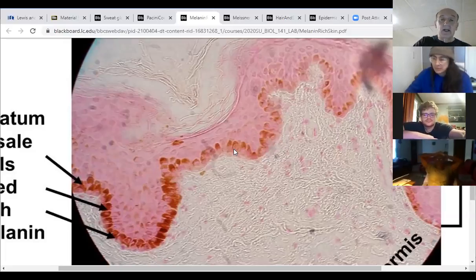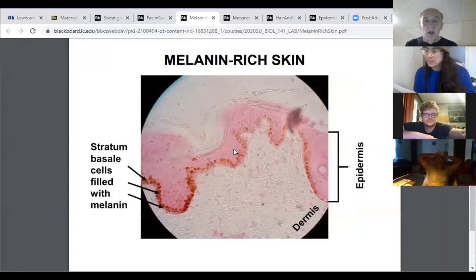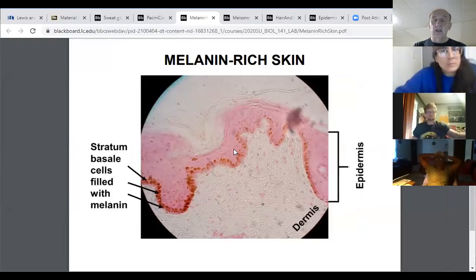Again, this slide too is in your lab shell. When you look in the lab shell, you will find all the epithelial and connective tissue slides there as well, with all the functions, specialized cells, location in the body, tissue category.